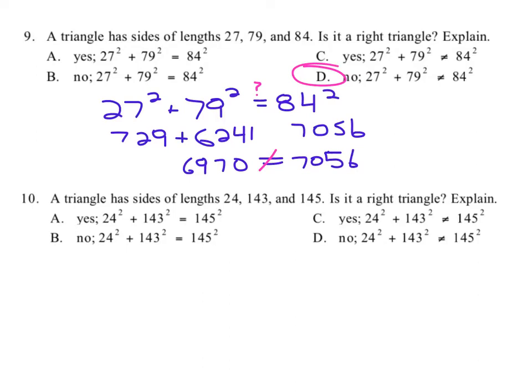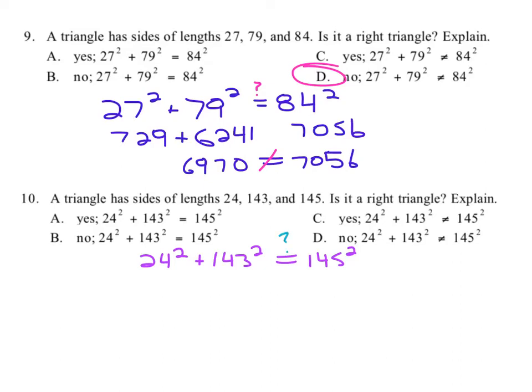Let's do that again. Triangle has side lengths of 24, 143, and 145. So we say 24 squared plus 143 squared, and does that equal 145 squared? Does it?